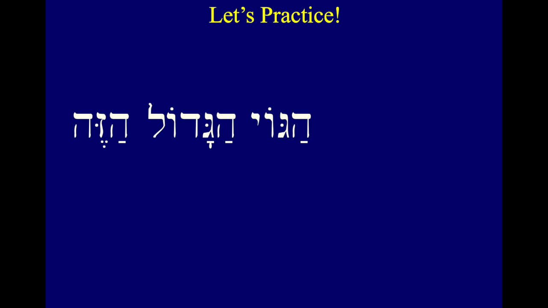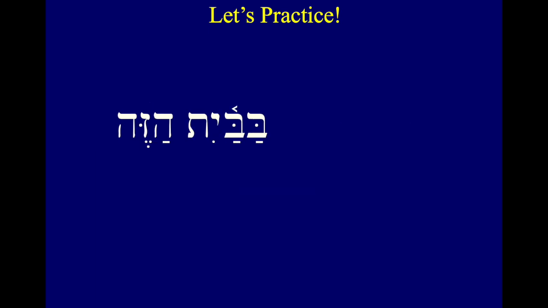So this is an attributive adjective. So the great nation, and then afterwards comes hazeh, which agrees in definiteness and comes after. So the nation, the great one, the this. Remember in English we flip this, so it says this great nation. And this is a quotation from Deuteronomy 4:6, where God is talking about the choosing of Israel.